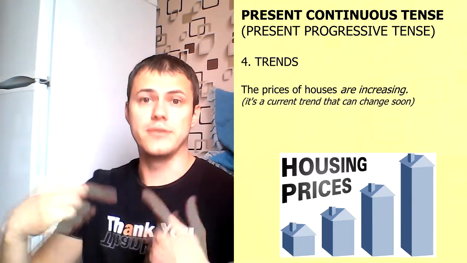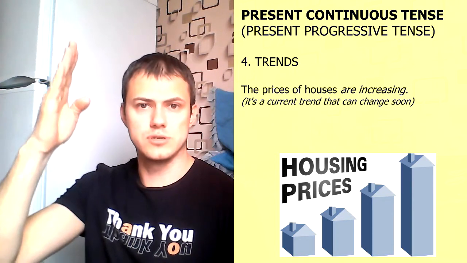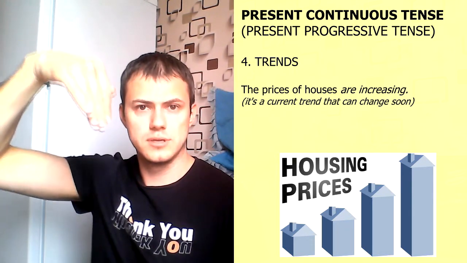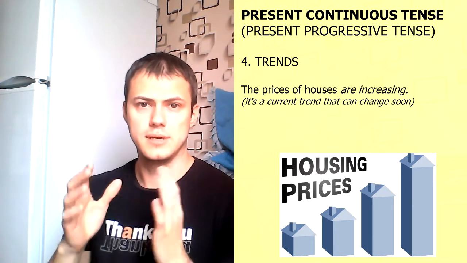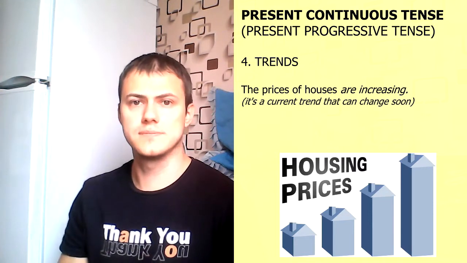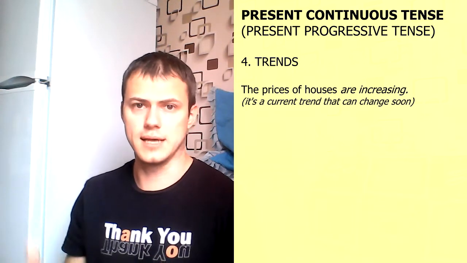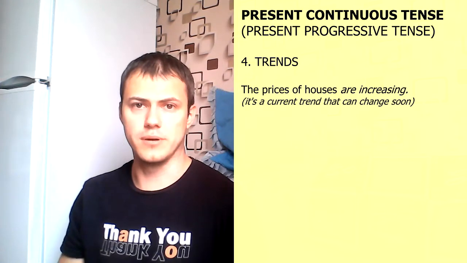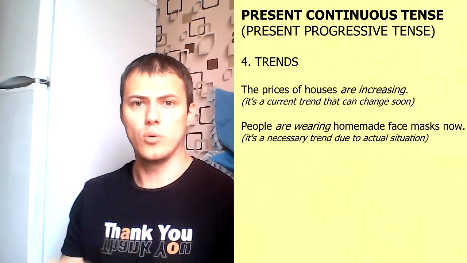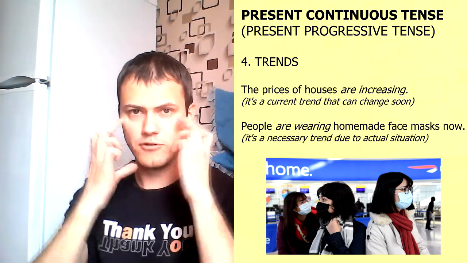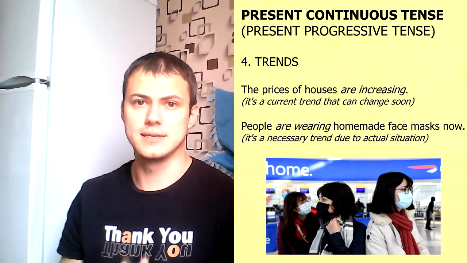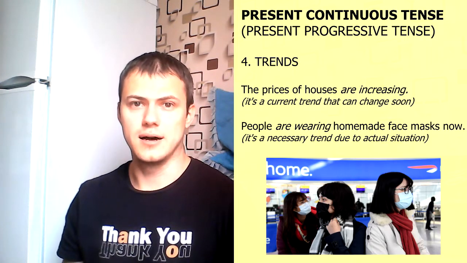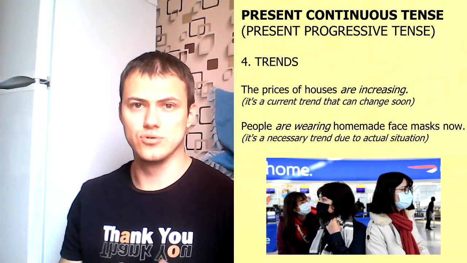Maybe in the future the prices of houses are going to decrease. But now the prices are increasing. So this is the present continuous tense as well. And one more example, people are wearing homemade face masks now. This is an actual example, and it relates to a recent situation in the world.